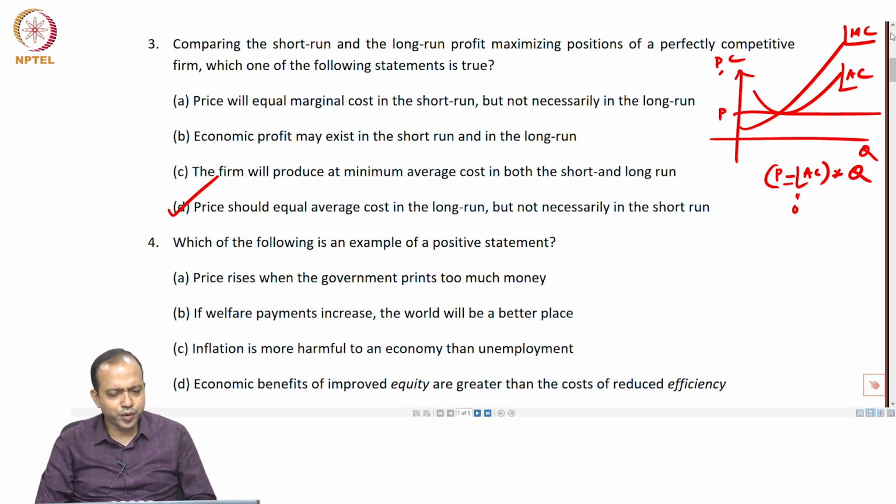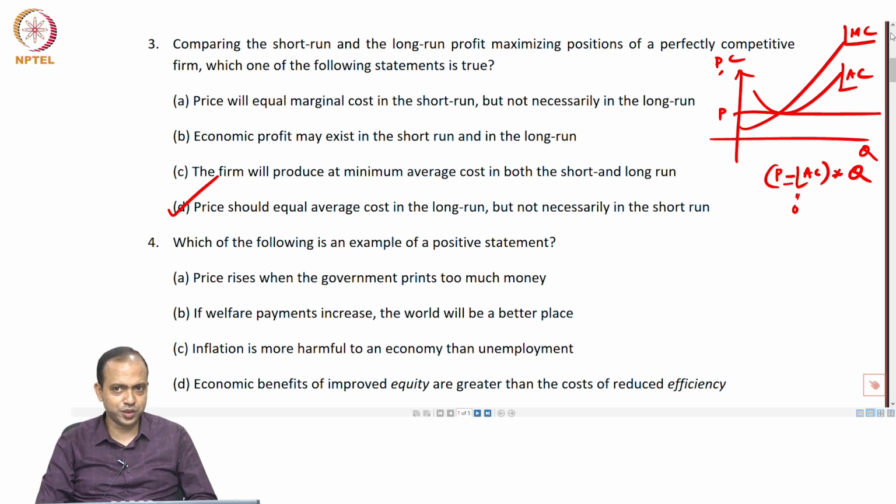If welfare payment increases, the world will be a better place. See here, I am attaching some kind of value, because I am not sure whether welfare payment will really make the world a better place or not, because where will the welfare payment come from?